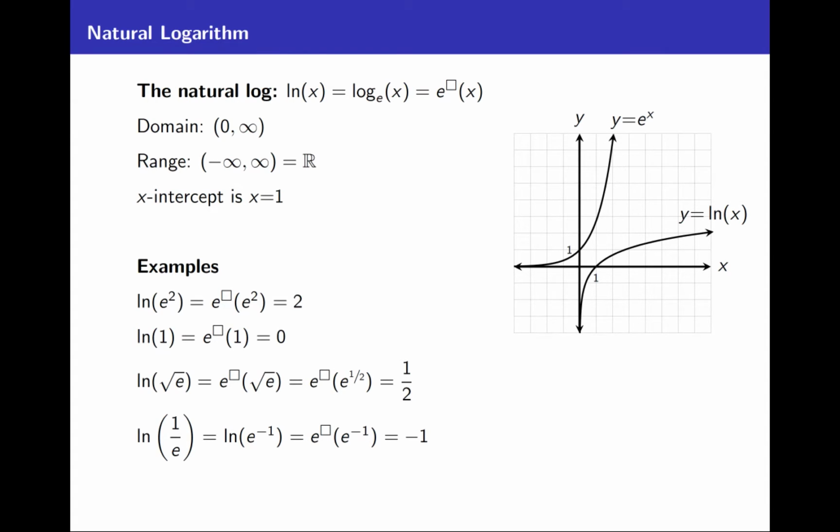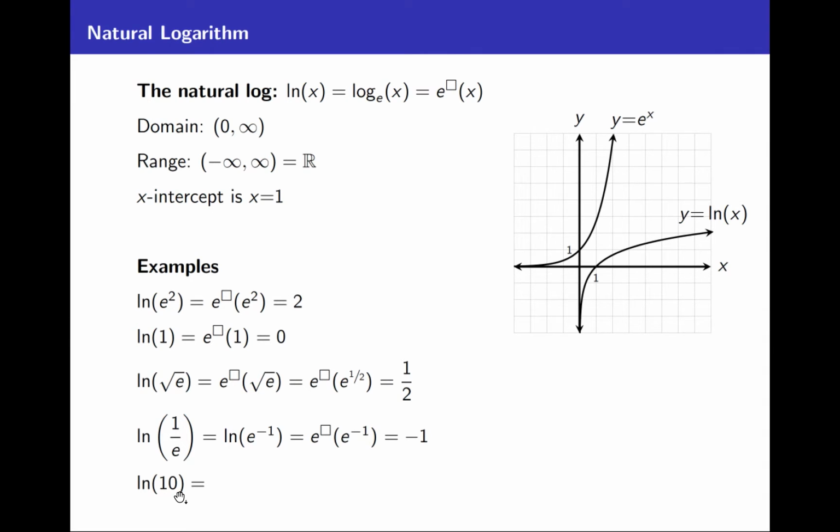So in these examples, we've computed ln's of values that are all powers of e. So the computation turned out to be very simple. You'll often encounter things like ln of 10, say, and 10 is not a number that's a convenient power of e, so it's hard to think about this as e box of 10.